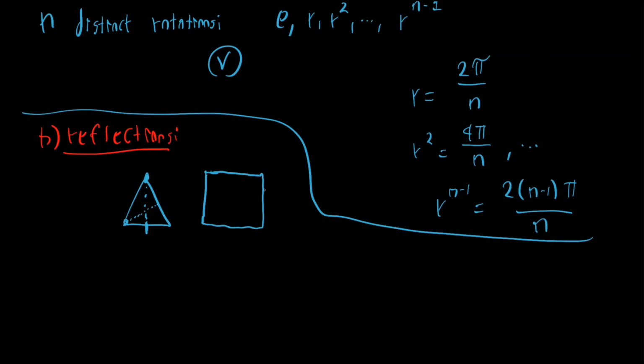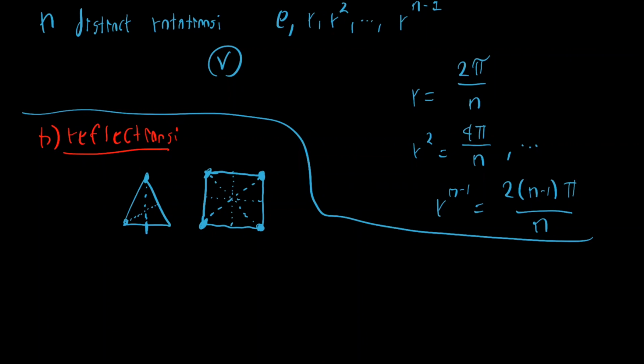To perform reflections on this square, the lines with respect to which we will perform reflection will pass through pairs of opposite vertices, or alternatively connect the midpoints of opposite edges. So this is a line with respect to which we can perform a reflection, and this also is one.